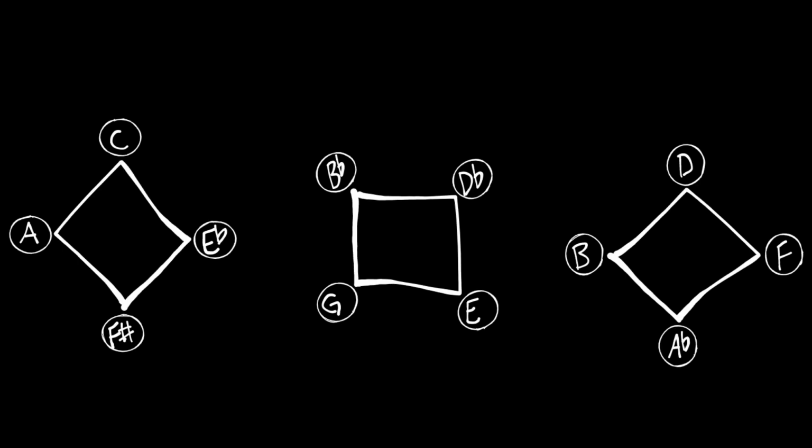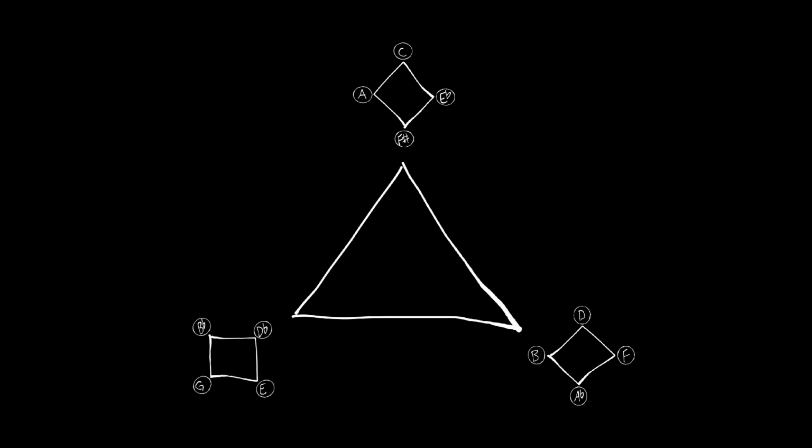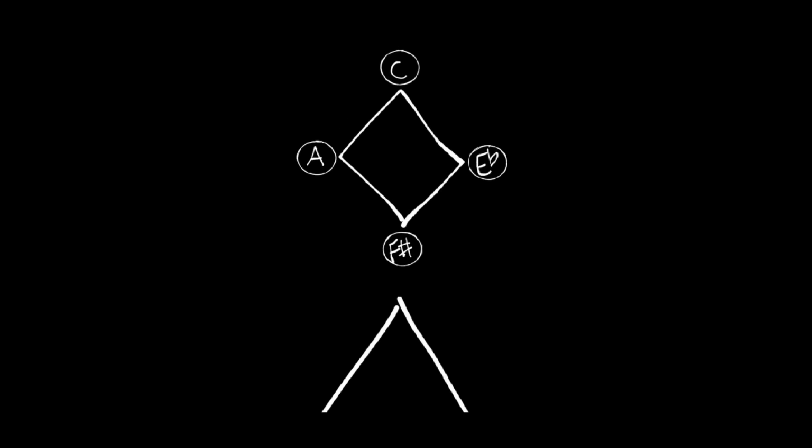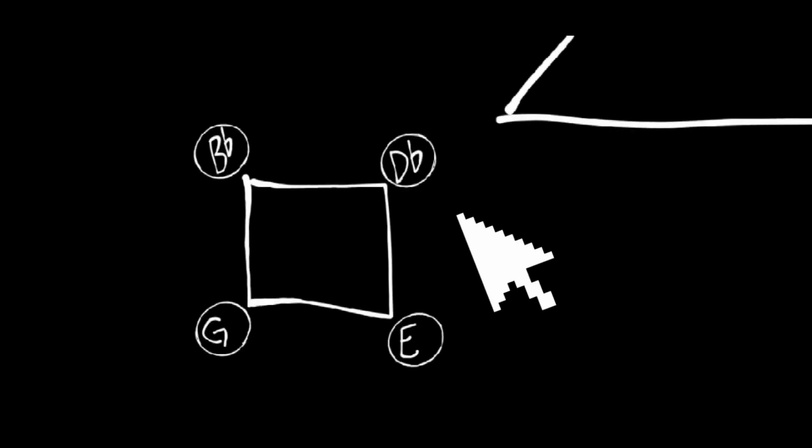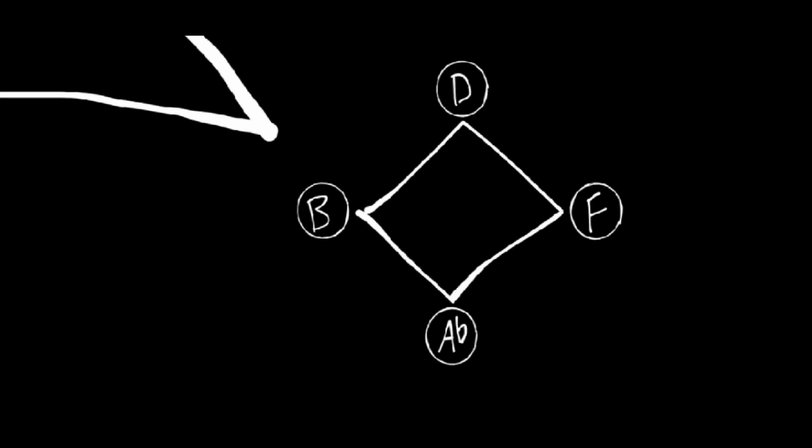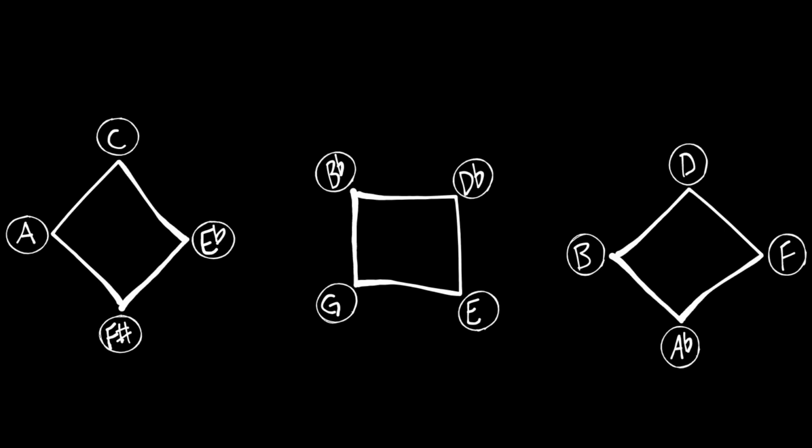It's definitely worth it. Okay, so let's start out by looking at the 3 diminished chords. They each have 4 pitches that are not in common with the notes of the other diminished chords. So here on this little diagram, the notes go up chromatically counterclockwise. Now, diminished chords are symmetrical. They're different from a lot of other chords in that any one of the notes can be considered the root.